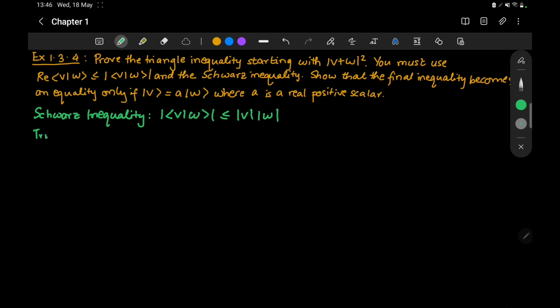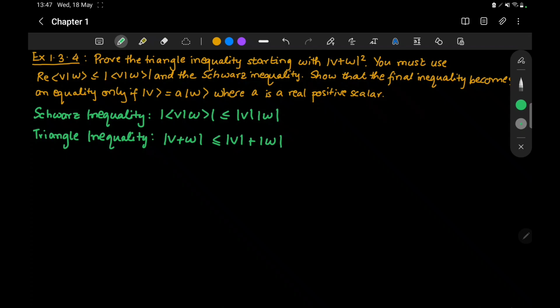And the triangle inequality, the one that we have to prove in this question. So these are the two inequalities that we saw in the previous video, and we are supposed to prove the triangle inequality in this question.